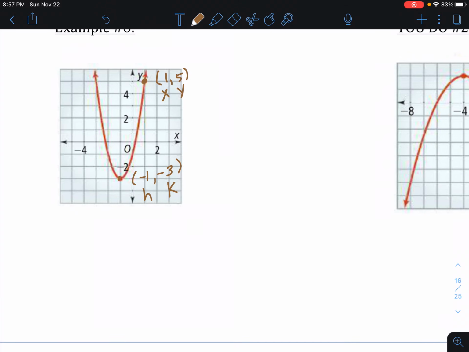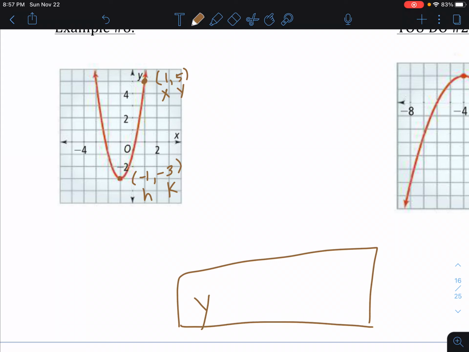And remember that other point is going to help us find our a when we're plugging in for x and y. So here, let's go to our answer. We can start inputting into our answer. y equals, we're going to leave the blank for a. We'll get that in a minute. And then x minus h, but h is a negative, so double negatives would make +1, parentheses squared, and then plus k would be -3.